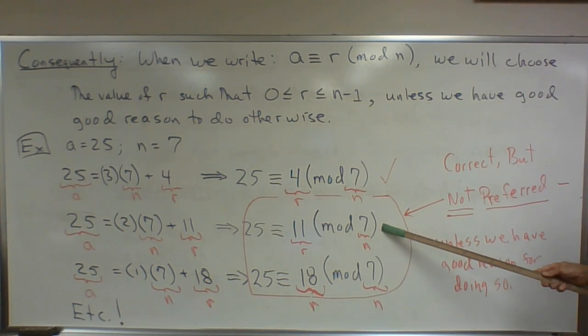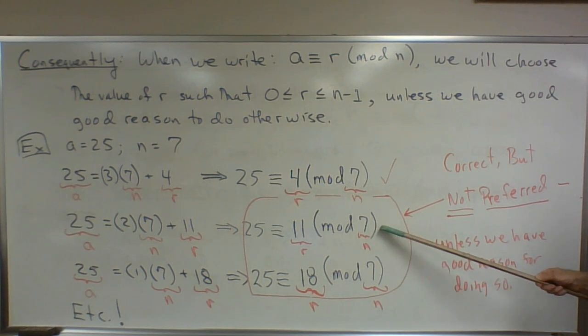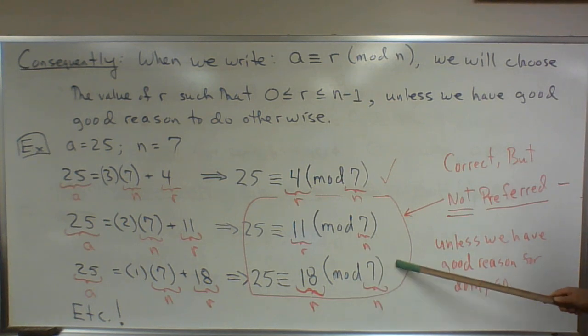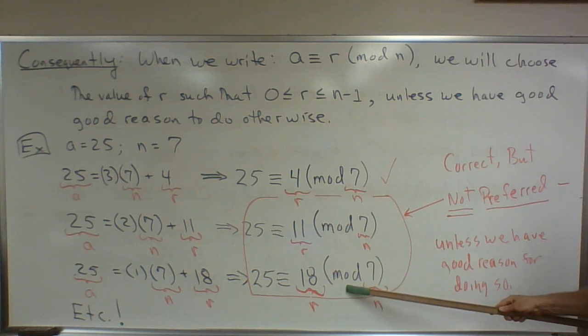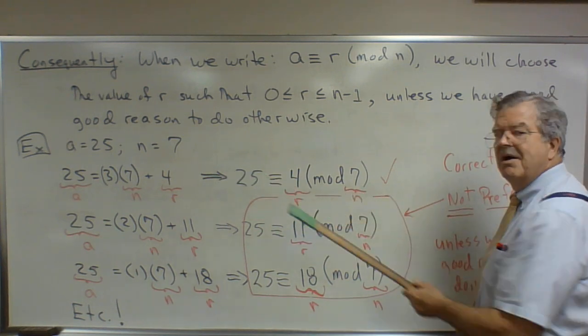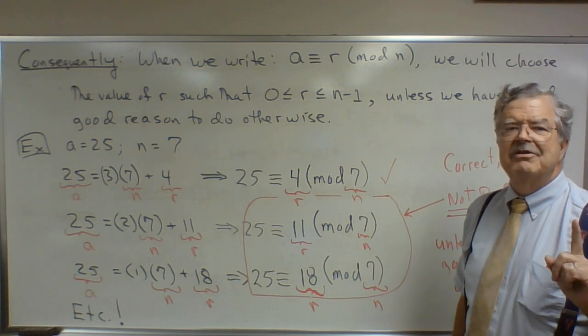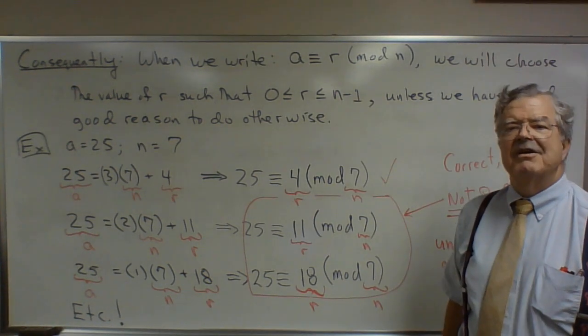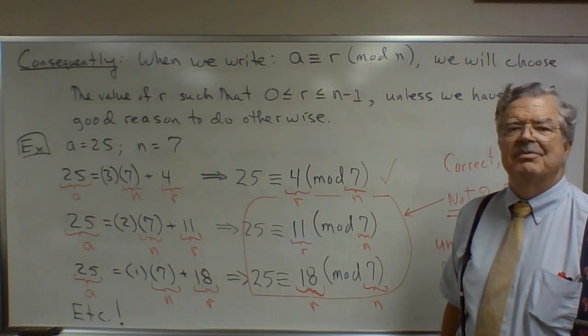This is not preferred, but there may be an occasion where we might want to write this, or we might see this. This is correct, but not preferred, but there may be an occasion where we would benefit by writing the relationship this way. So, we write it this way unless we have a really good reason to do otherwise. And that's what that bit about the set of least non-negative residues was about.